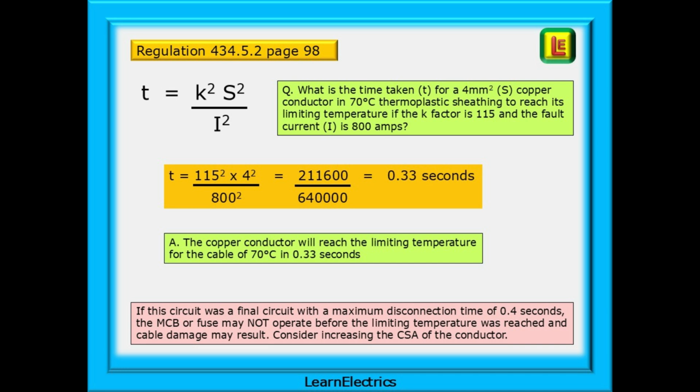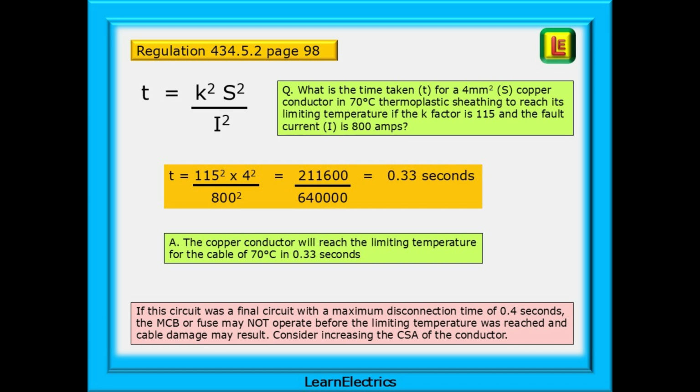What is the time taken, T, for a 4 square millimeter copper conductor in 70 degree Celsius thermoplastic sheathing to reach its limiting temperature if the K factor is 115 and the fault current I is 800 amps? Shown here is the calculation, and we can see that the copper conductor will reach the limiting temperature for the cable of 70 degrees Celsius in 0.33 seconds.